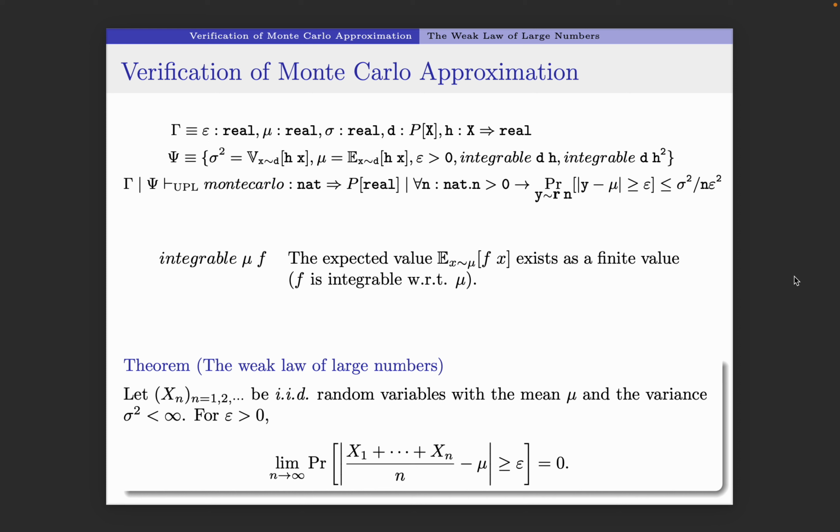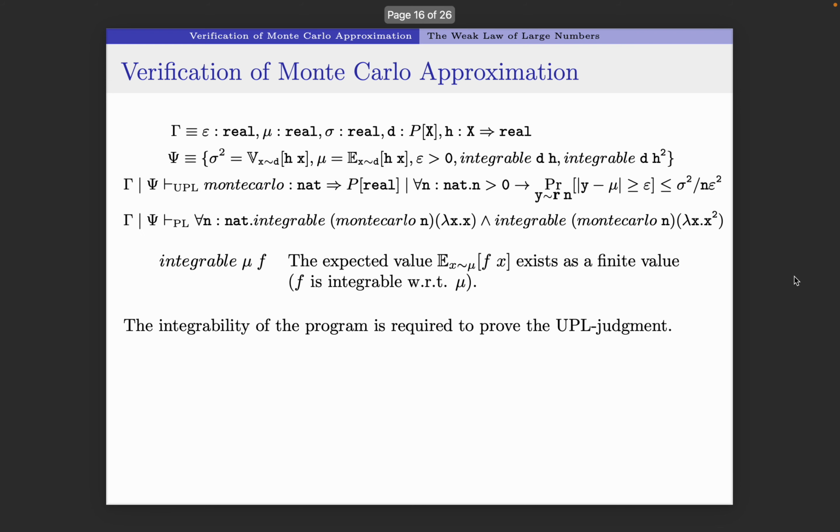In addition to the weak law of large numbers, we show the integrability of the program. The judgment at the fourth line is a PL judgment, one of the logics of PPV. It consists of the typing context, the set of assumptions, and the conclusion.